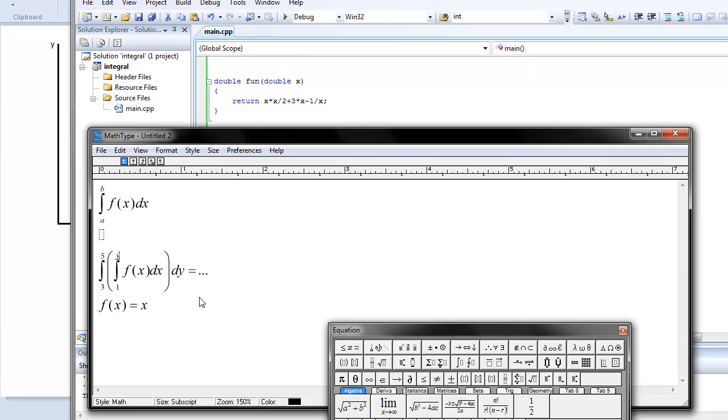So this might look kind of demanding, but it's not that bad. What it means is that we will actually have two loops, one loop within the other loop, and the upper bound will be changing dynamically based on the value of this.